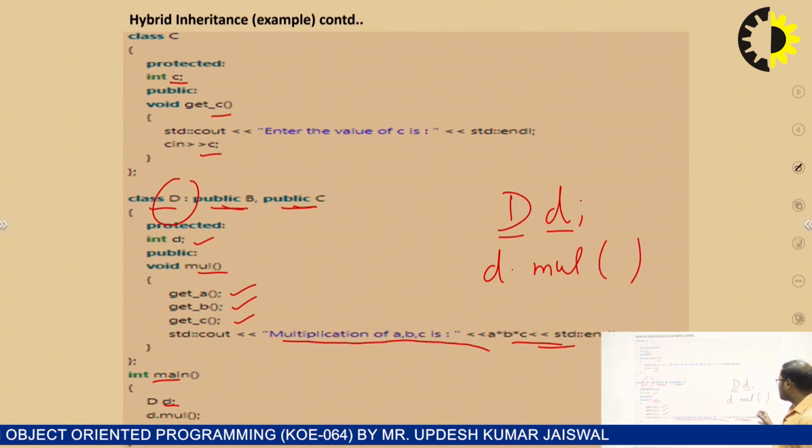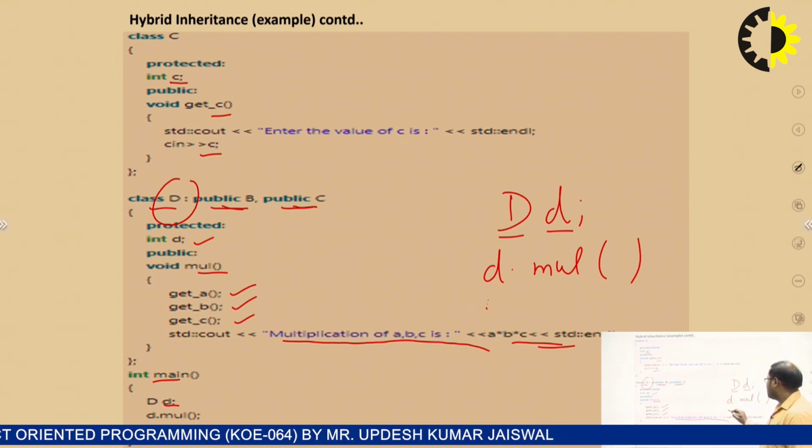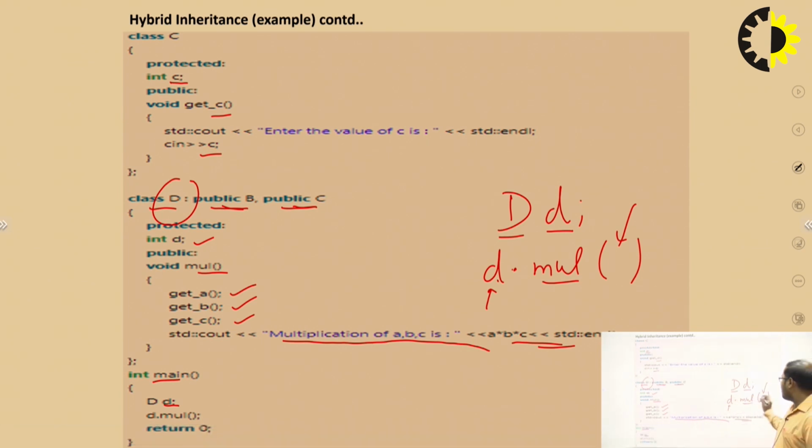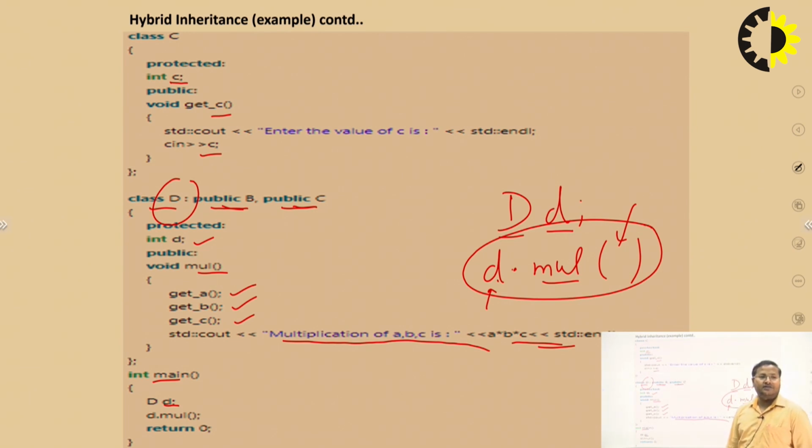This is one example of message passing. Here d represents the name of the object, mul is the method. Here parameters will be passed, and this dot shows that this object is calling the method mul, and this is one of the messages, and we can say message passing is going on here.